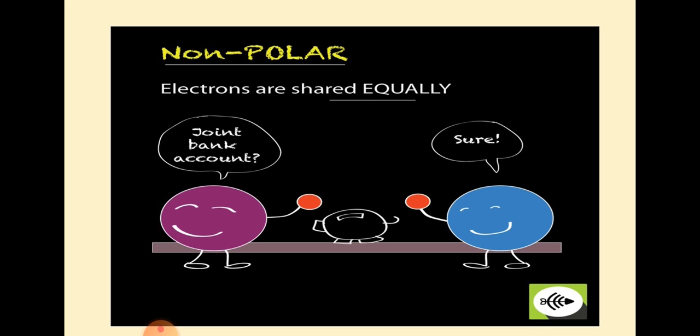Now, consider the formation of a covalent bond between two similar atoms. As you know, a covalent bond can be formed between similar atoms like H2, O2, N2, and dissimilar atoms also, HCl, H2O and others. So consider the formation of a covalent bond between two similar atoms of a molecule like hydrogen.